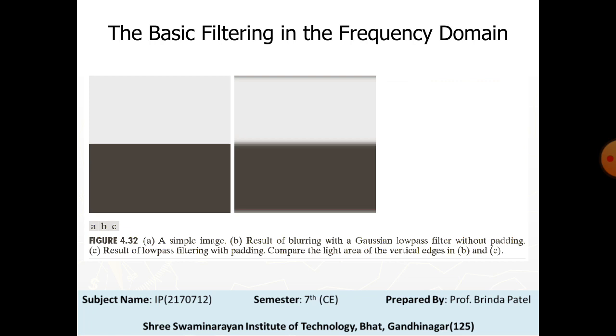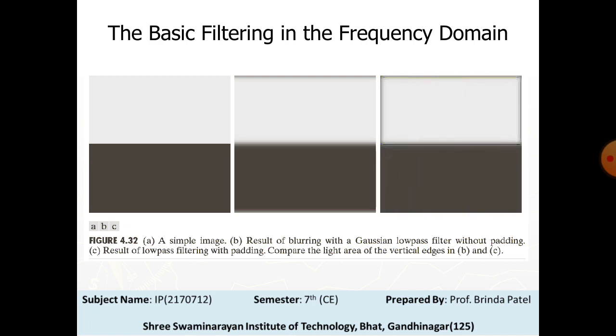The top white edge is blurred but the side white edges are not. Padding the input image according to equations 31 and 32 before applying this equation results in the filtered image C. Figure C is the result of low pass filtering with padding, compared to the right area of vertical edges in figures B and C.